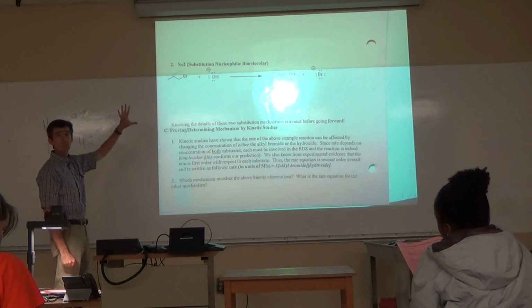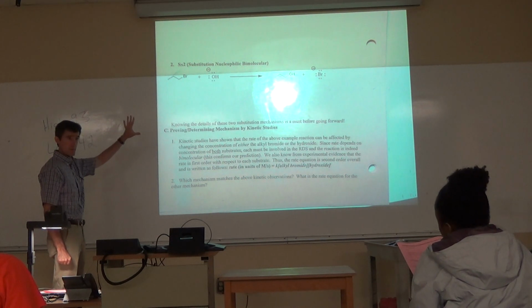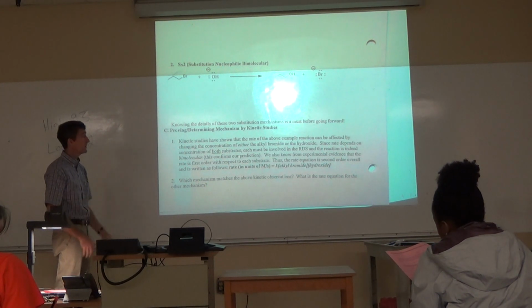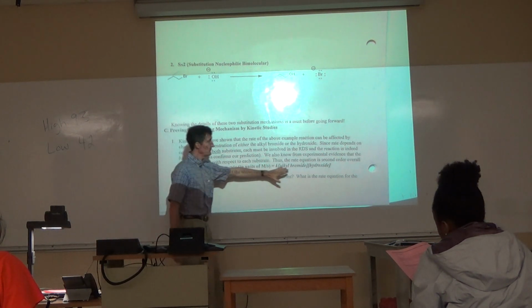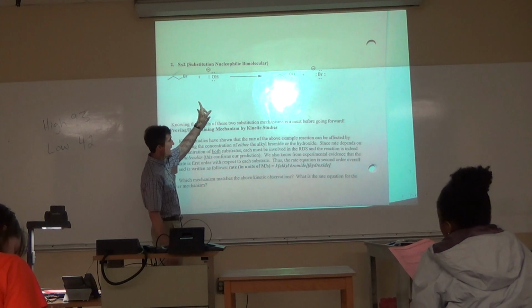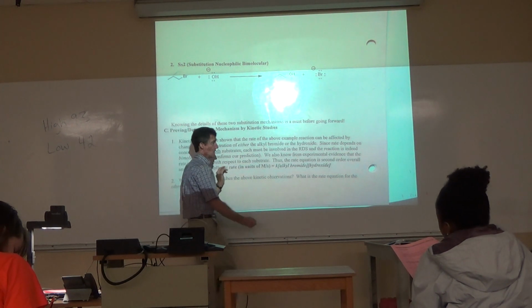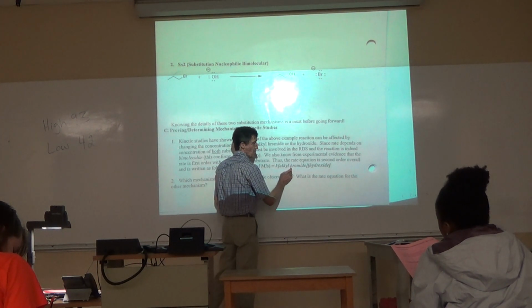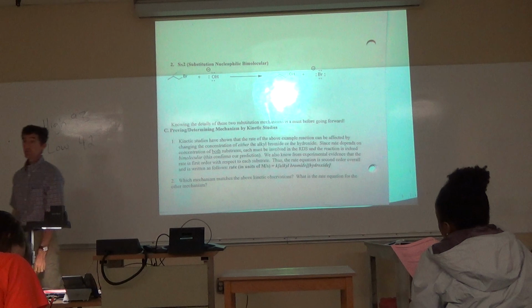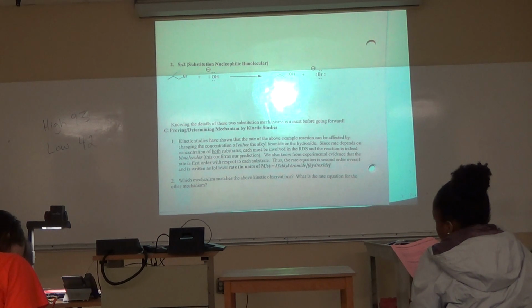Now, you can tell that from the mechanism. As we looked at our mechanism, we saw that in the rate determining step, they're both involved. You can also determine that experimentally, and that's discussed here. If you're doing this reaction, which is SN2, you can change the rate by changing the concentration of either one. How do you do this? You do the reaction with certain concentrations and determine a rate.